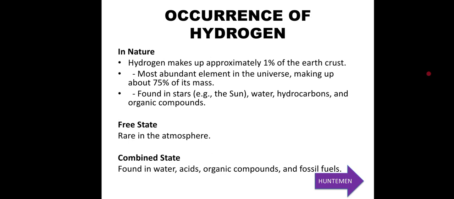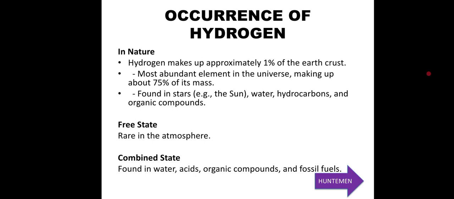Let me come back to acid and organic compounds. For acid, or for all acids, the first element in the structure or in the chemical formula of any acid is always hydrogen. So in most inorganic acids, the first element is always hydrogen.